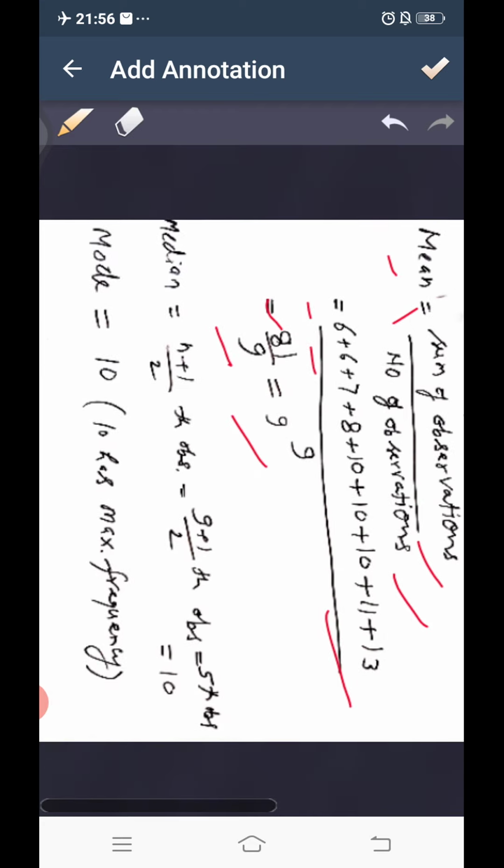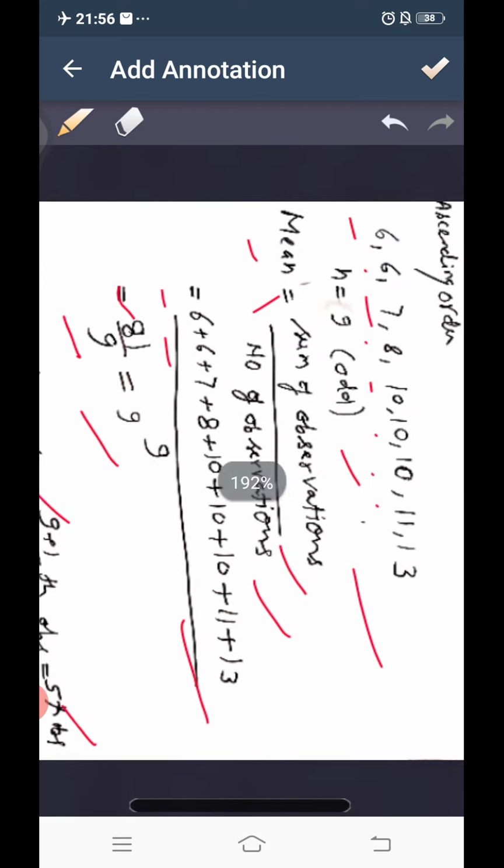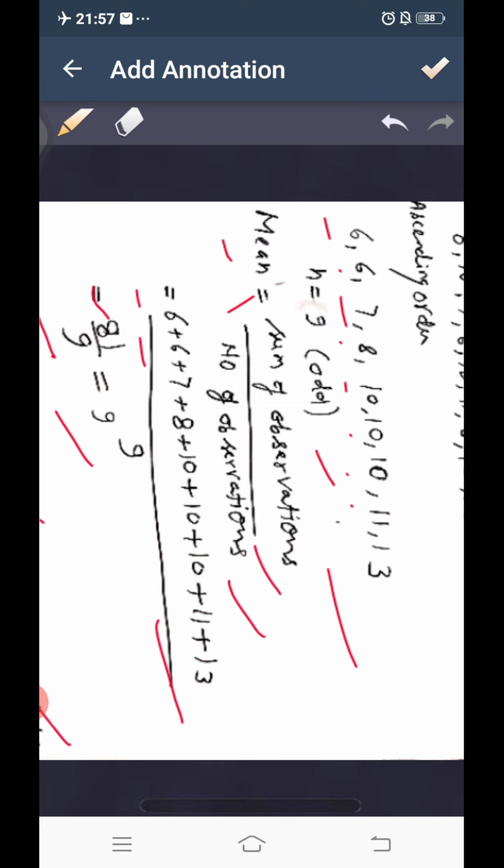Then median. Here n is 9, that is odd. Then we apply median equals (n plus 1) upon 2th observation, that is 9 plus 1 upon 2, the 5th observation. In this ascending order we can see the 5th observation is 10.